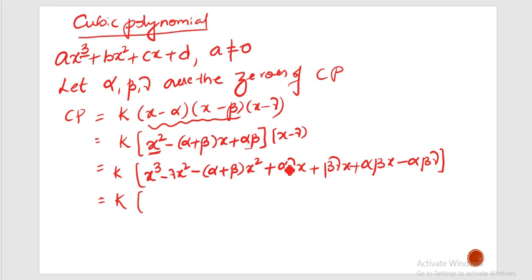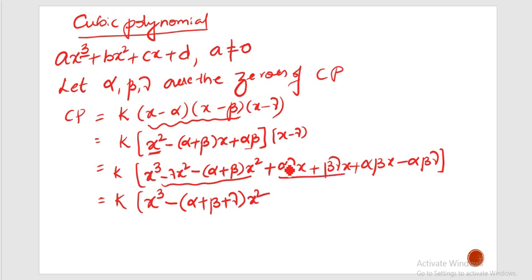Now if I write everything in order, this is my x cube term. Next I talk about x square. If you observe, these two are x square terms, and overall I have minus. So if I take minus as common, then I have alpha plus beta plus gamma into x square.